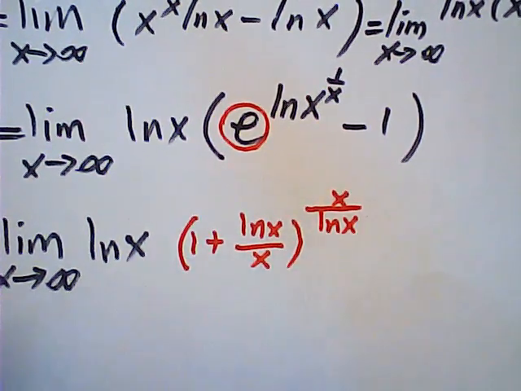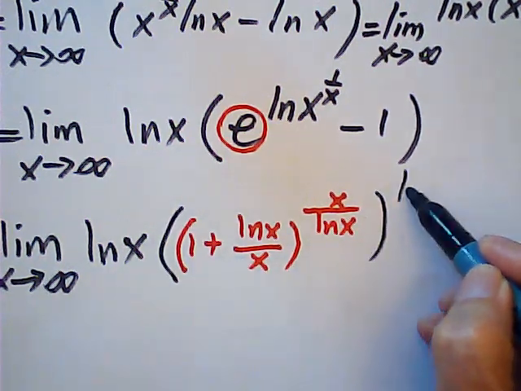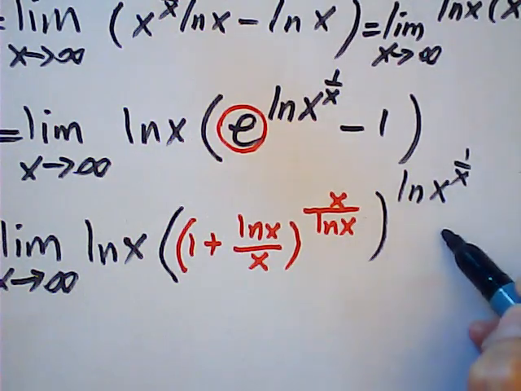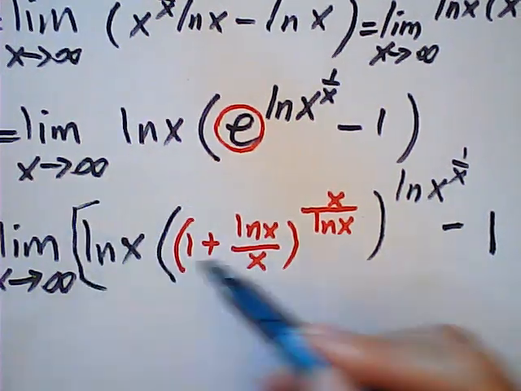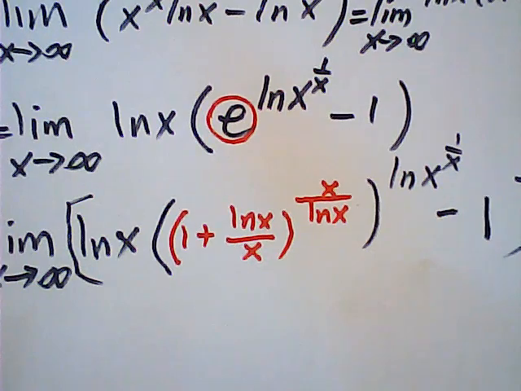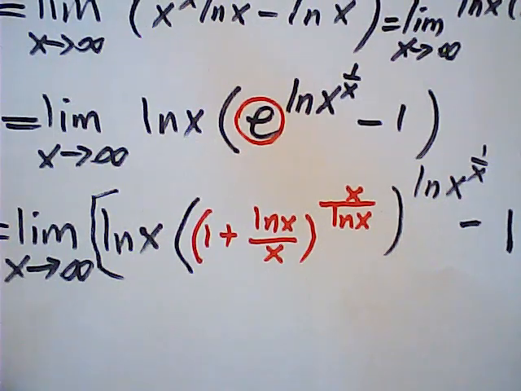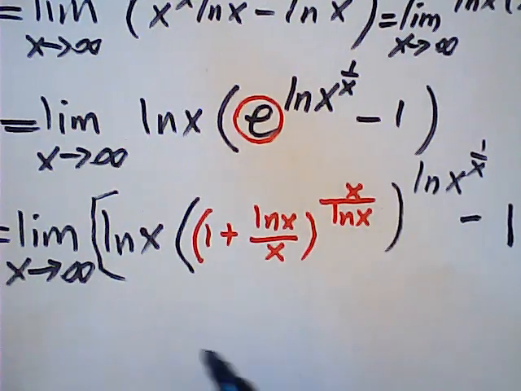That is e. This is e. Then e to this log x over x, minus 1. Yeah, the red one is the e. This one is this. This is 1 minus 1, yeah.